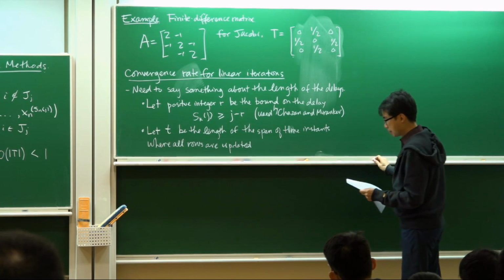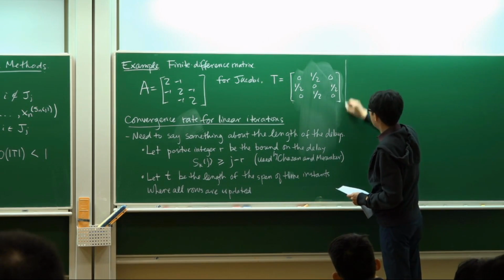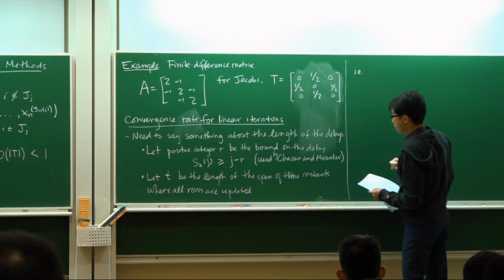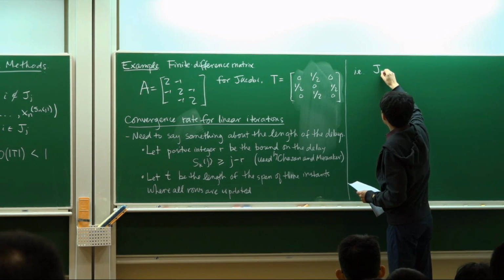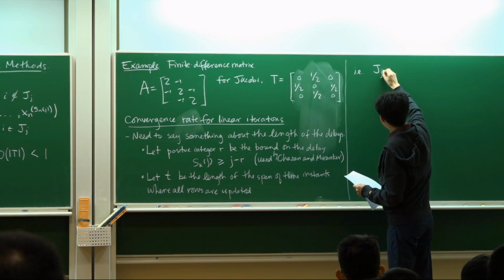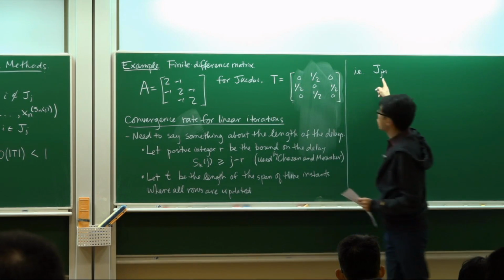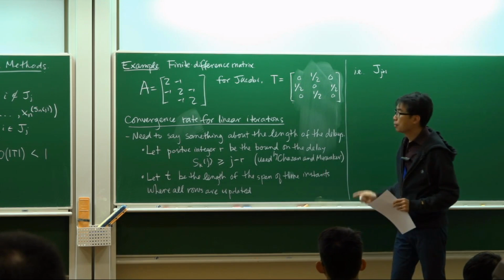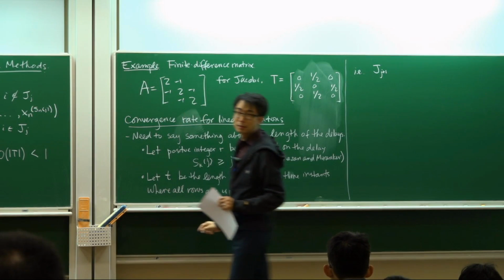This means that if we look at time instant j plus 1, and J is the set of all of the indices i that are updated at that time instant, right?